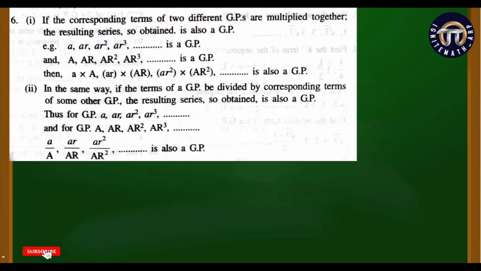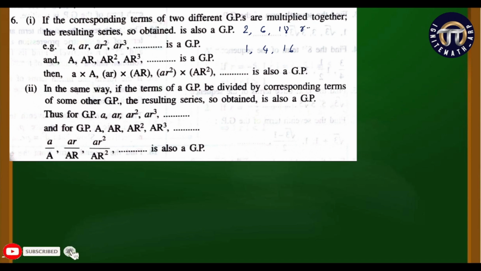Now next property says that if the corresponding terms of two different GPs are multiplied together, the resulting series also is a GP. So now I'll show you a simple example over here. I'll take one GP, 2, then 6, 18. I'll take one more GP, 1, 4, 16. Clear?